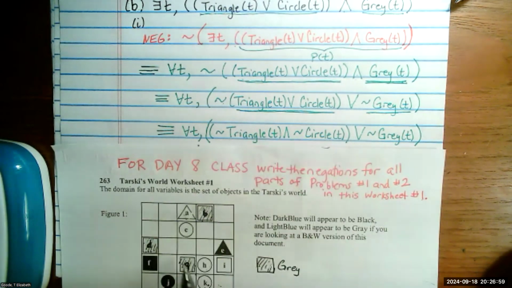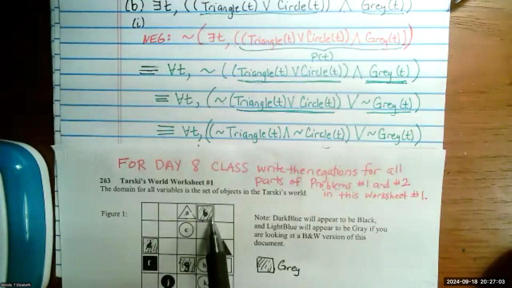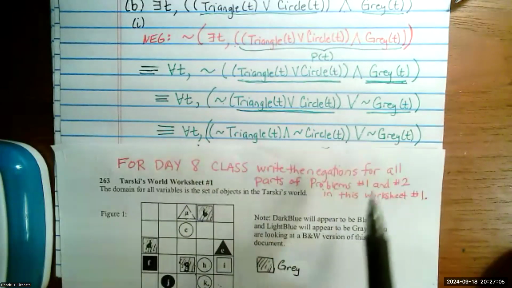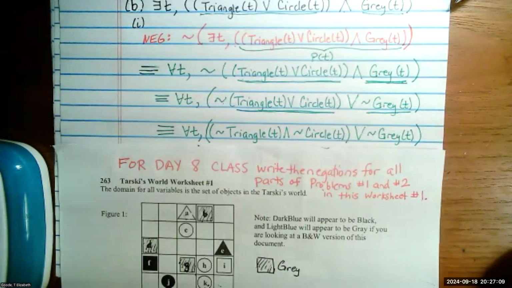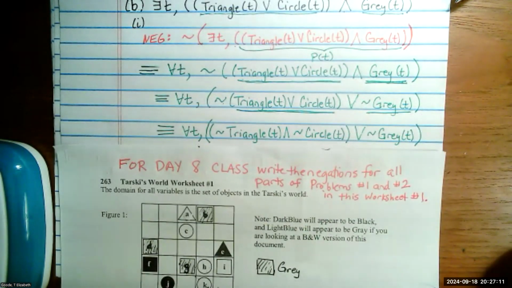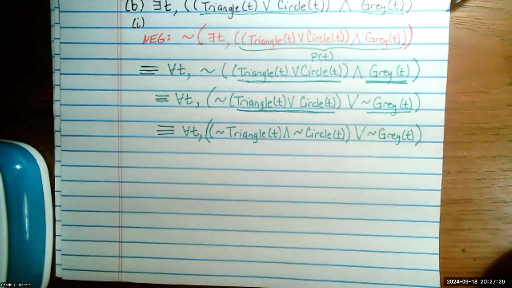And that's true for B, D, and G. These objects are not triangles and they're not circles. So the negation is actually what's true. The original is actually false. Does that make sense? Yeah, it does. Good. Let's look at the next one.